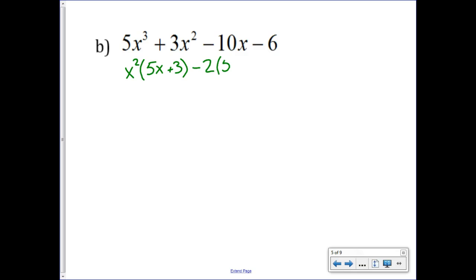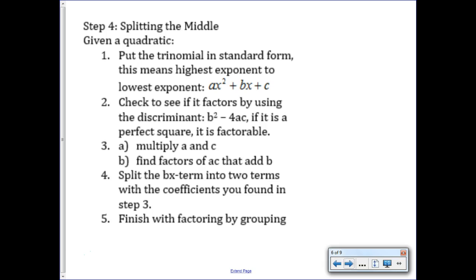And I end up with 5x plus 3. So I have 5x plus 3 that will come out of both of those terms. And then left over I have x squared minus 2. We could factor that second one down more since it's not a perfect square, but we're not going to do that for now.